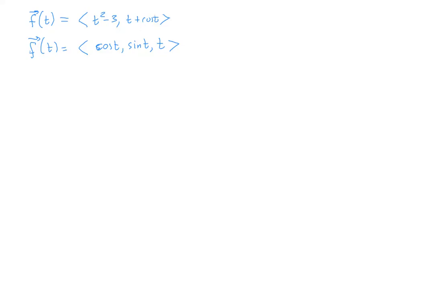So for time t, this gives us a certain point. And if we connect all these points together, then we get a curve. That curve will be called the trajectory of the vector valued function.